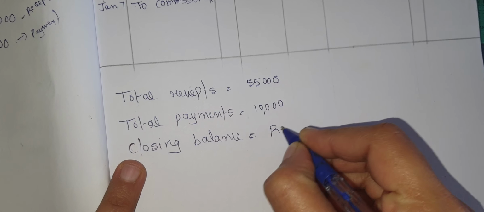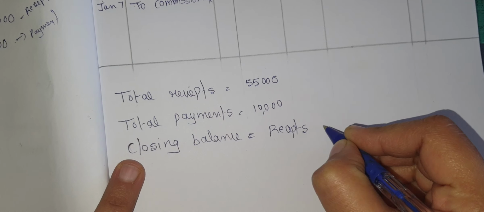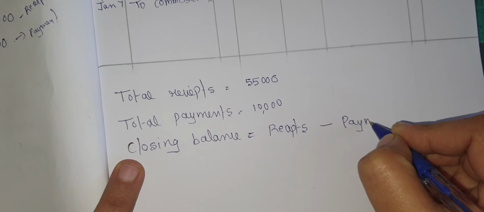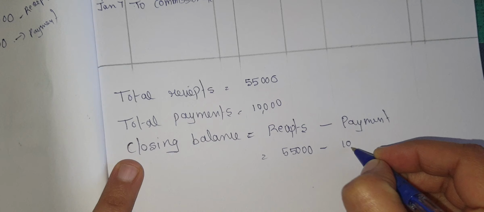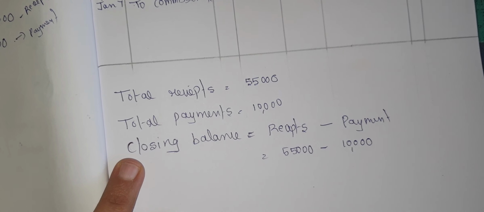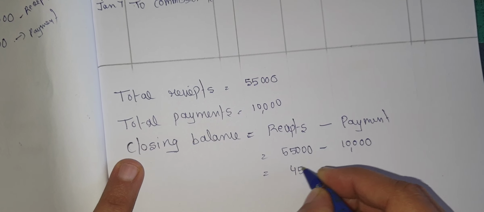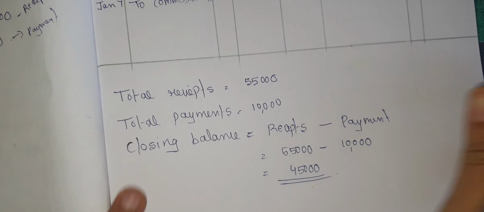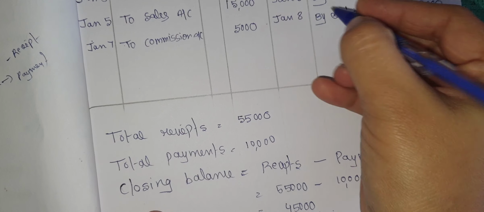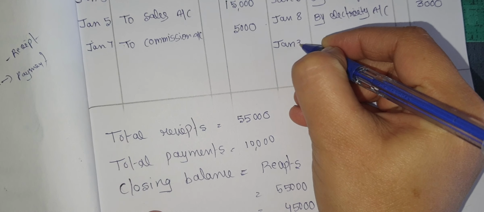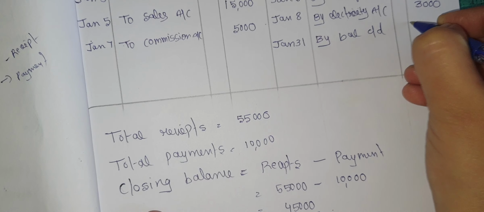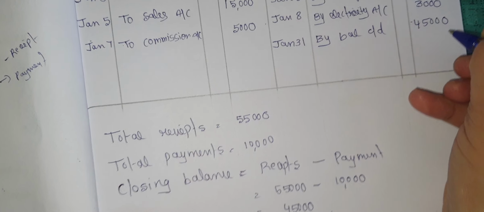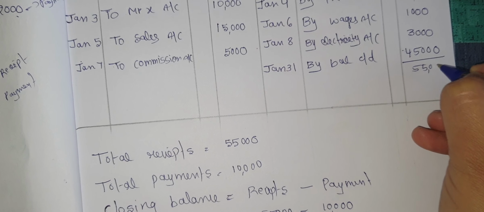So closing balance is equal to receipts minus payments, 55,000 minus 10,000, that is equal to rupees 45,000. So here write down in the credit side, on Jan 31st by balance carried down, that is rupees 45,000. Total is 55,000.